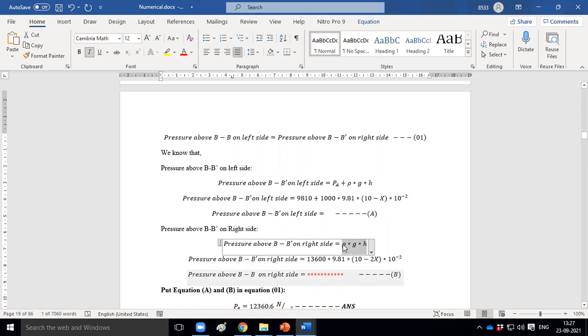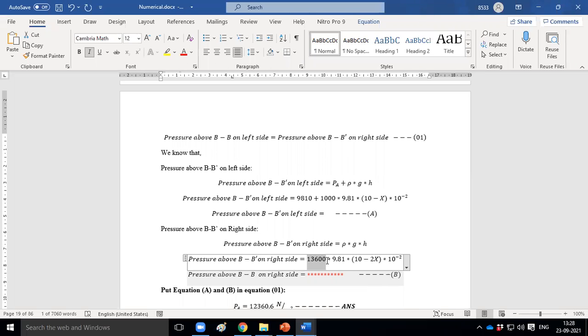Mercury, correct. Then rho is not mentioned in the numerical. The density of mercury as well as the density of water is not given, but we know which value we should take. Which value should we consider for density of water? 1000. Correct. And what will be the density of mercury? 13,600.